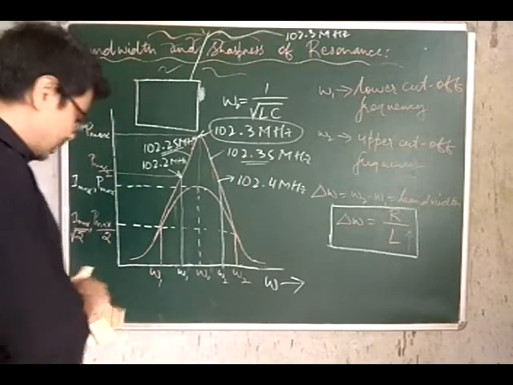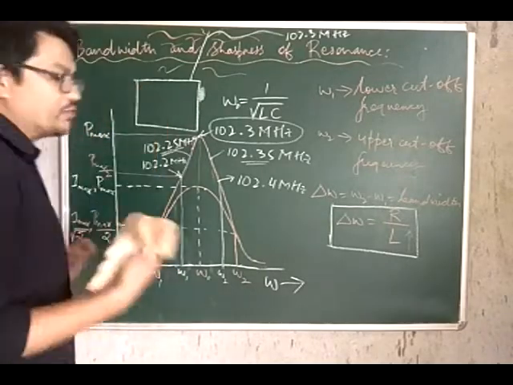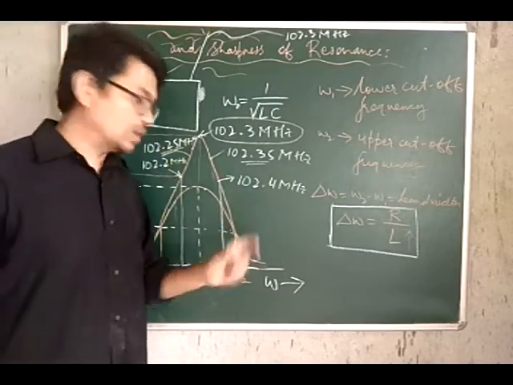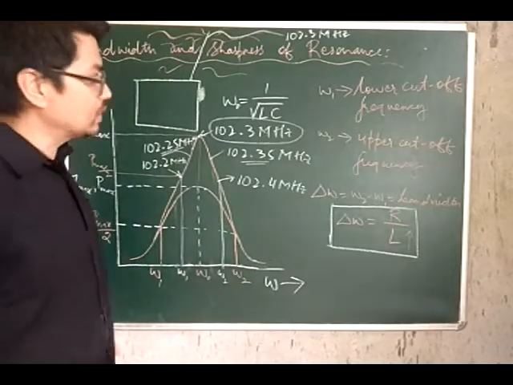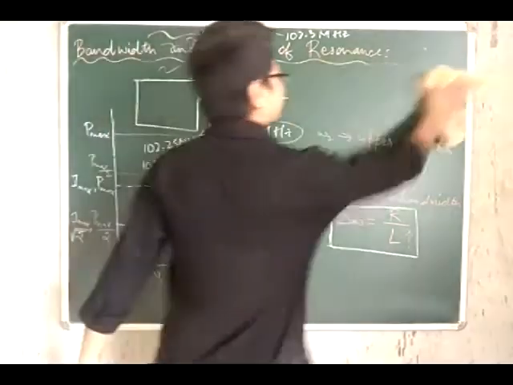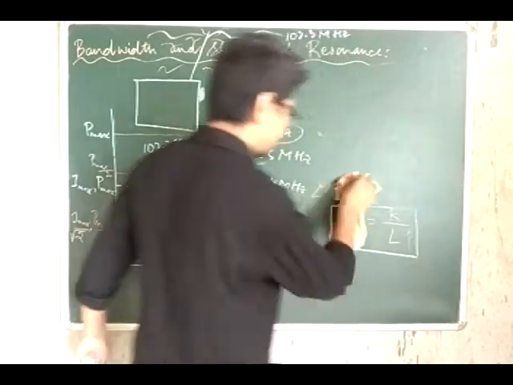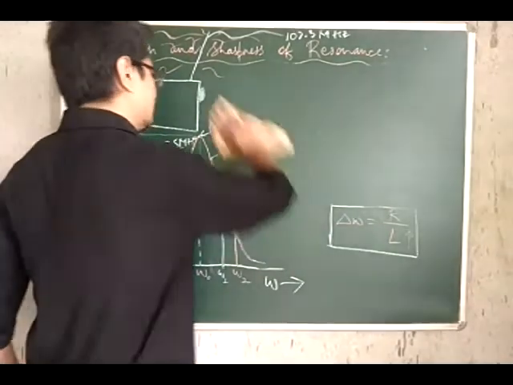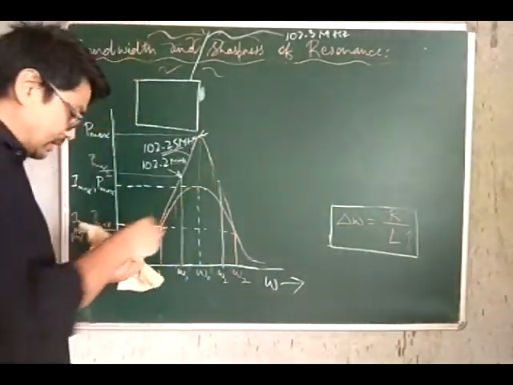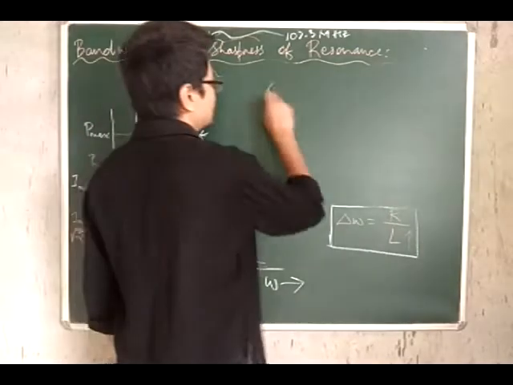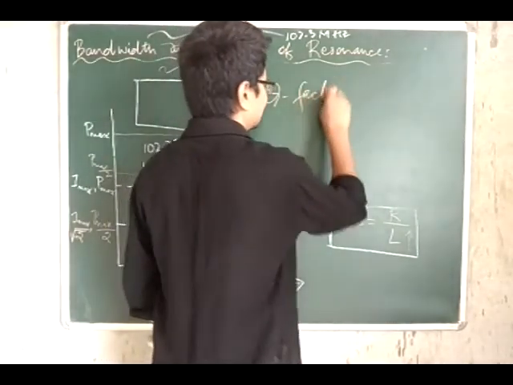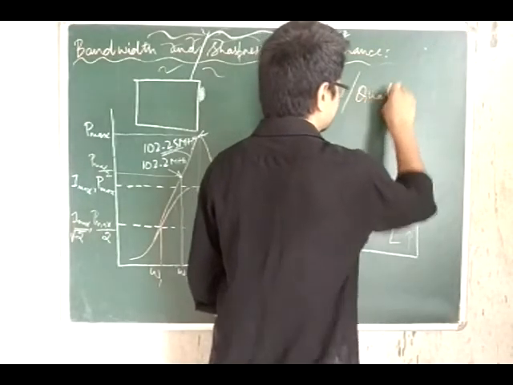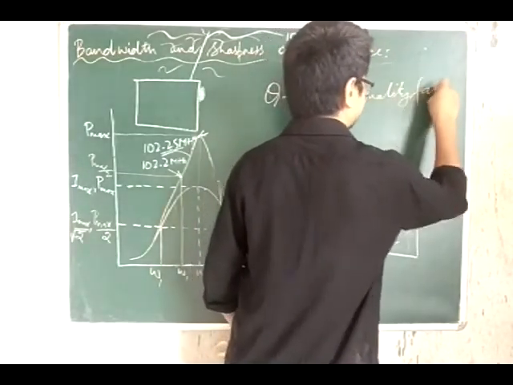Now there is one more factor which gives you an idea about how sharp or how flat the curve is. Okay, that factor is called, let me erase these parts. There's a bandwidth, don't forget. So let me erase these values of frequencies. So that factor is called the Q factor, or simply Q stands for quality factor.